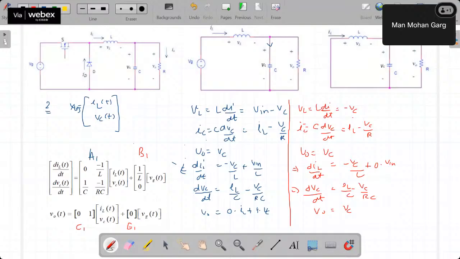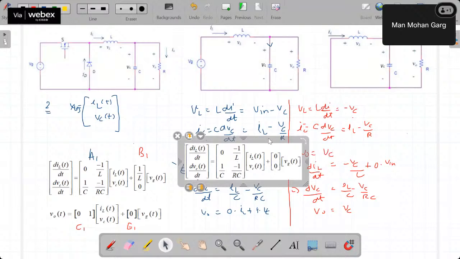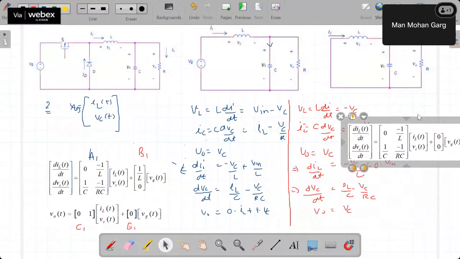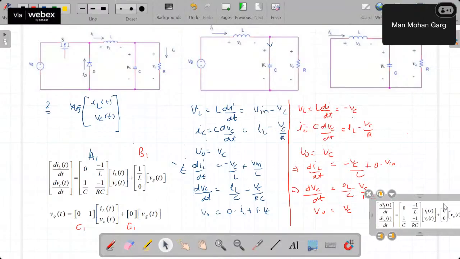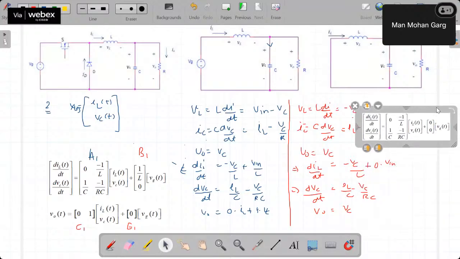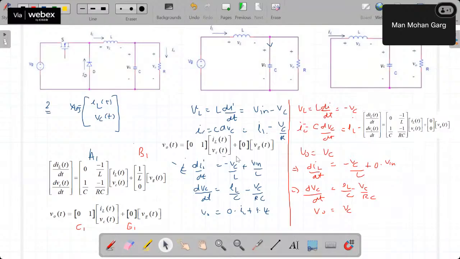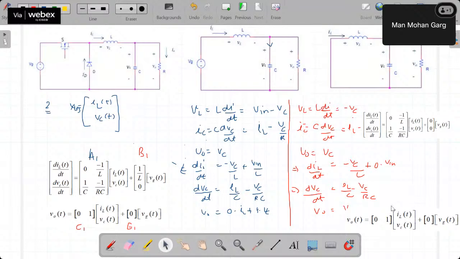If I write this in matrix form, then I'll get these equations.